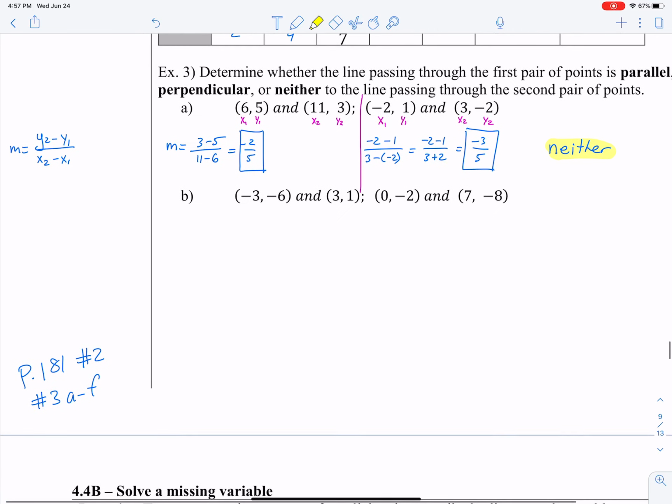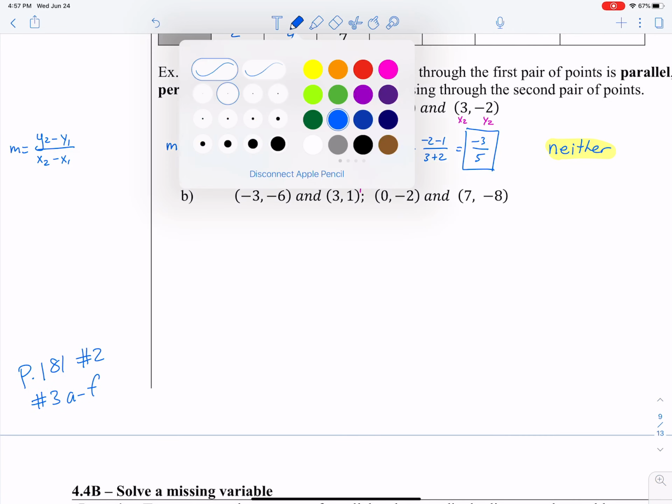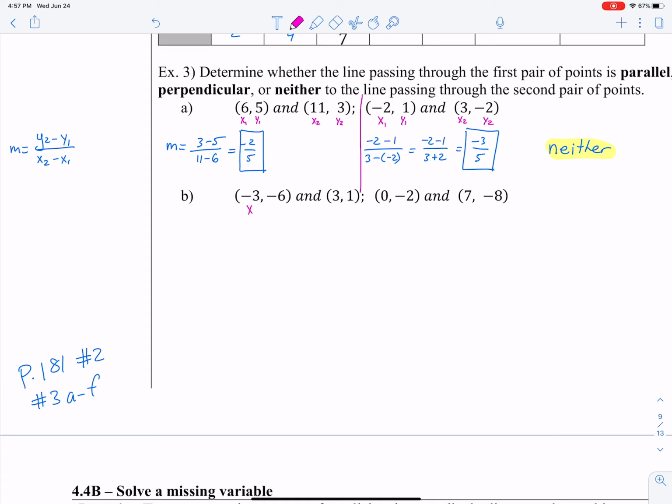We'll do another example. So we'll start off labeling x1, y1, x2, y2, x1, y1, x2, y2. Okay, I'm going to be using the same formula, so I don't need to write it again.